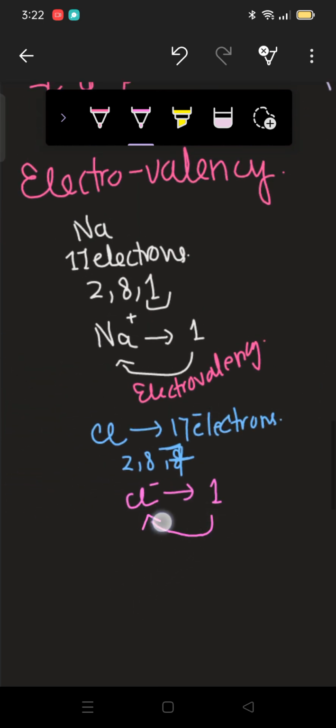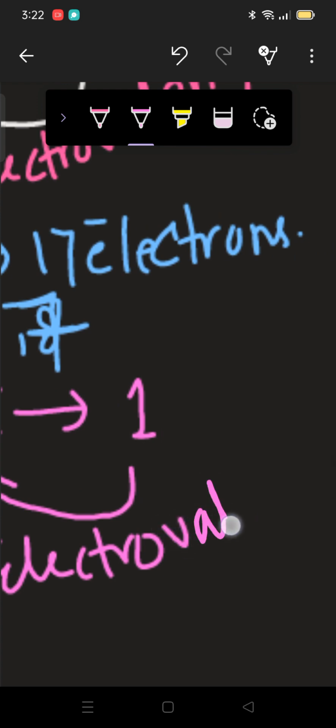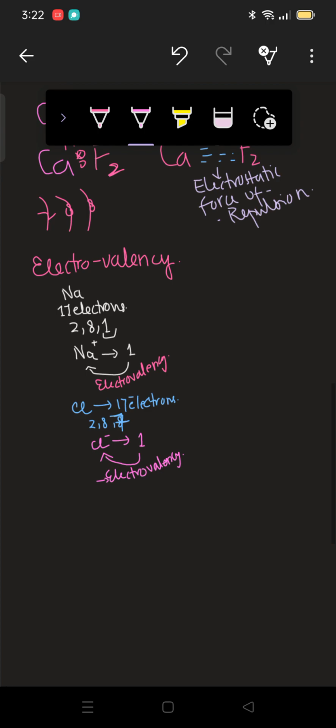Now what you see is that sodium has a plus 1 charge since it is going to lose 1 electron, so its electrovalency is 1. Chlorine must have minus 1, however we don't take electrovalency in negative values, so it is plus 1.